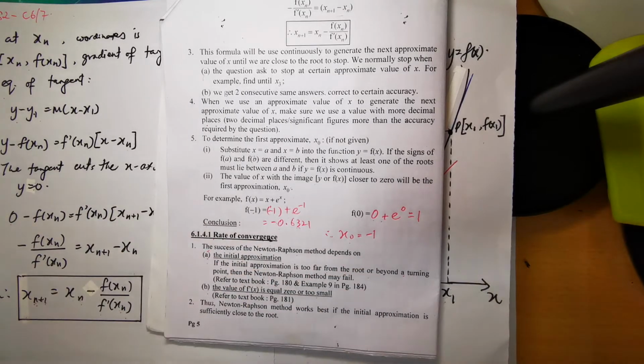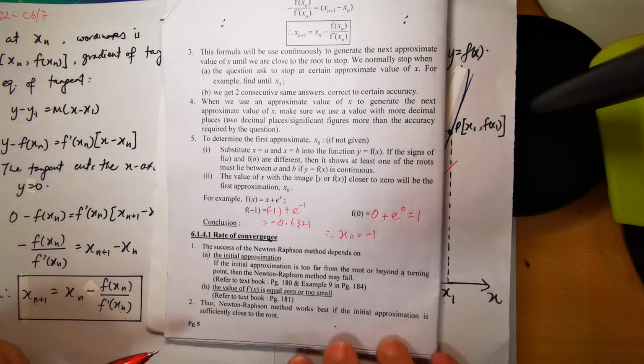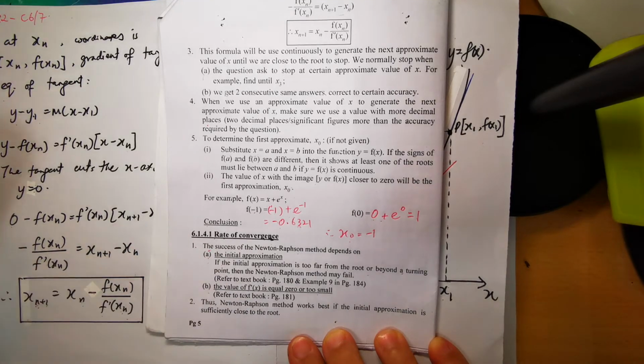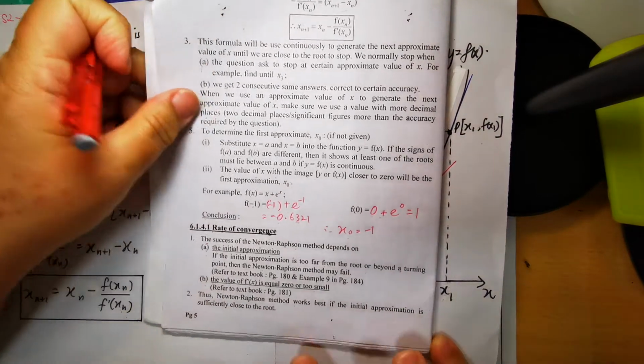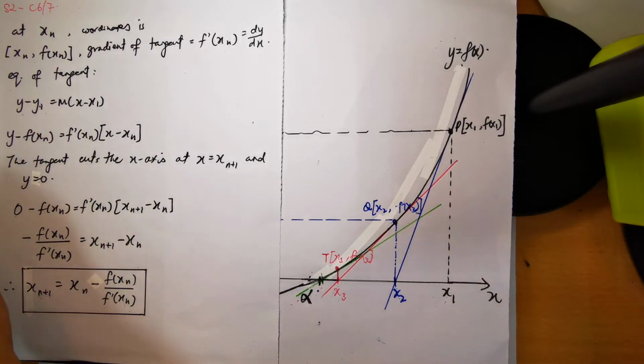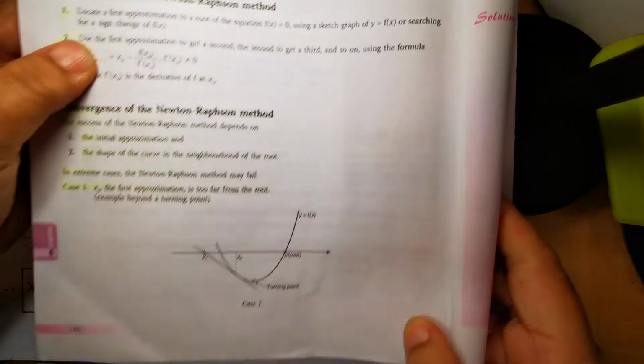This also cannot work. It will make the Newton-Raphson method fail. So let's see the example. What do these two mean? You can refer to your textbook, page 180. There is one example to show this failure.